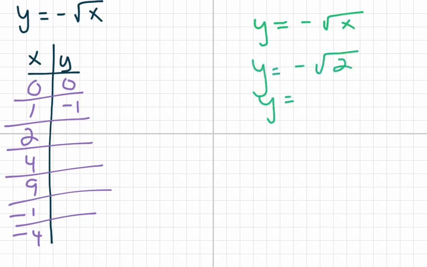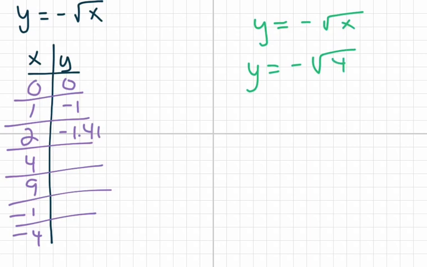Let's take a look at the 2. Well, the square root of 2 is 1.41, and so now I have -1.41. Instead of being up here, now it's down here, and you can almost see the flip happening. You can see that flip happening in the table there. Negative square root of 4, well, the square root of 4 is 2, and so instead of a +2, we now have a -2, and I'll illustrate it again.